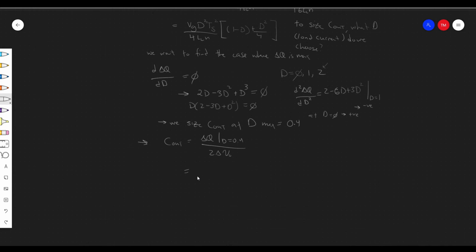So let's do that. What do we have? We have VG times 0.4 squared TS squared all over 4 L times 1 minus D, or I'll just put in the 0.6, 0.6 plus 0.4 squared over 4.